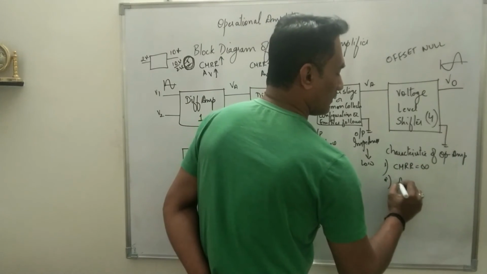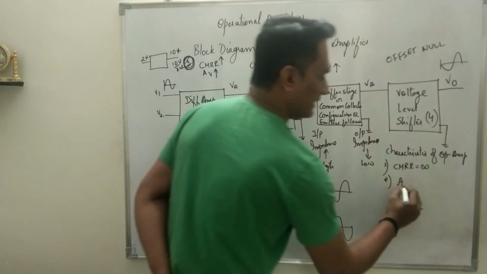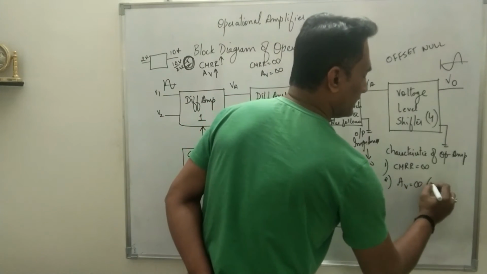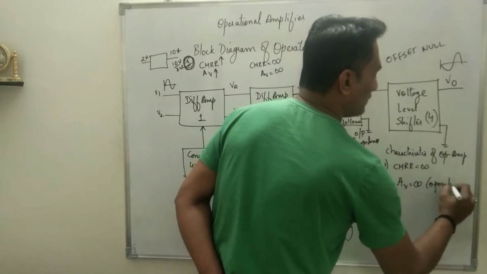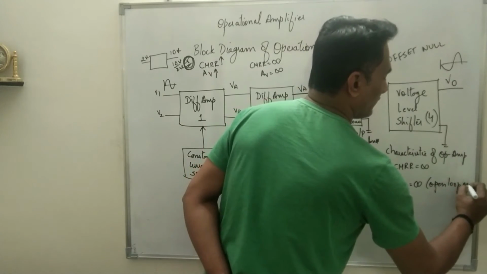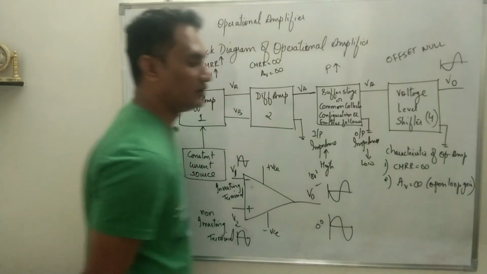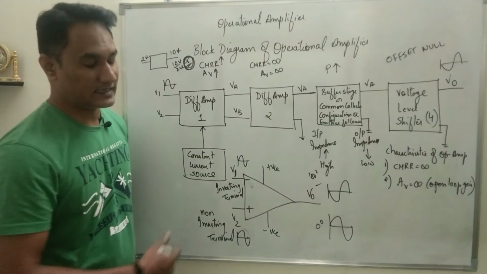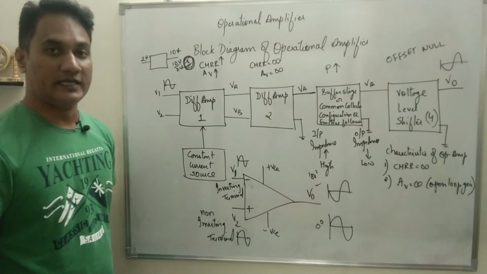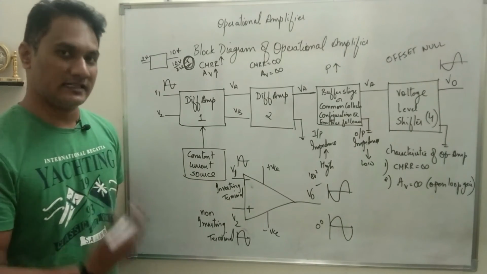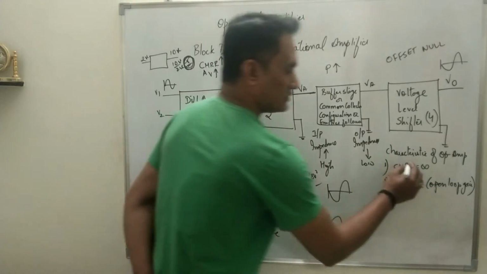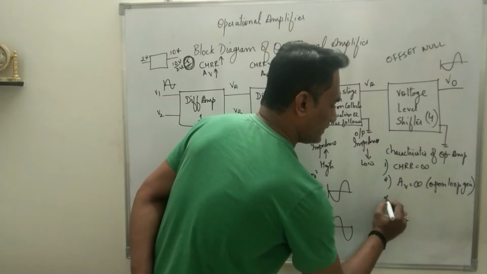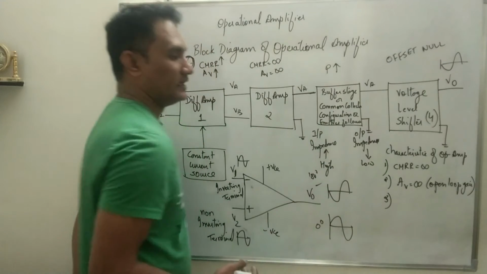Second, voltage gain AV is infinite. This is the open loop gain. I will explain what exactly we mean by open loop gain in the next video, on the next concept. Okay, so these two are very evident, we have already understood.